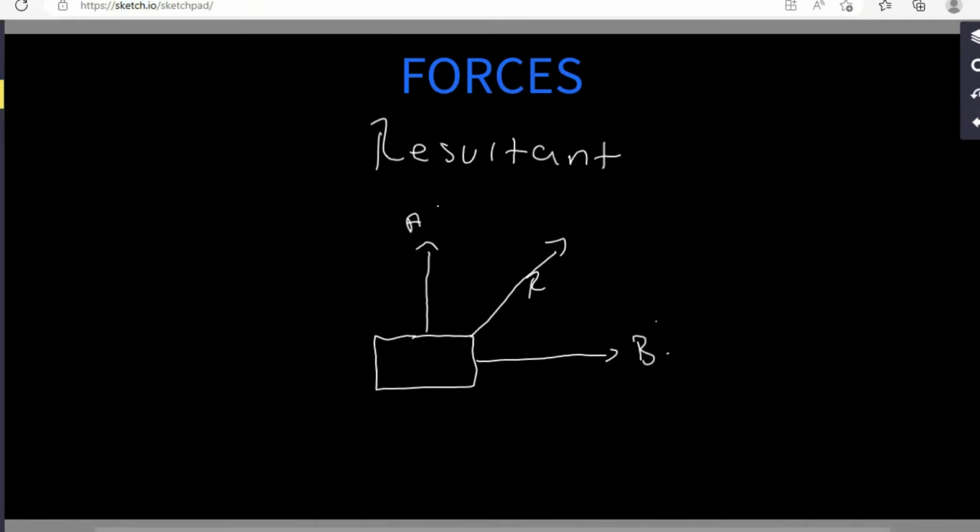If we're given something like this, and now we are asked to calculate the magnitude of the resultant force, which is R, we have to complete the parallelogram. It will be something like this. Let's say this force ends here, for explaining purposes. Let me just erase this one.